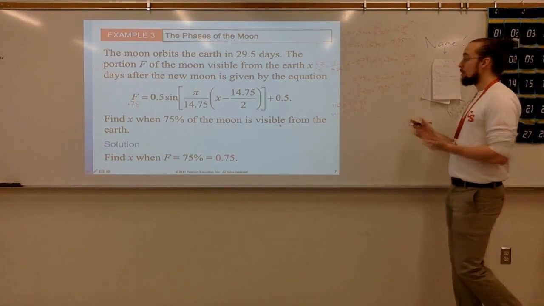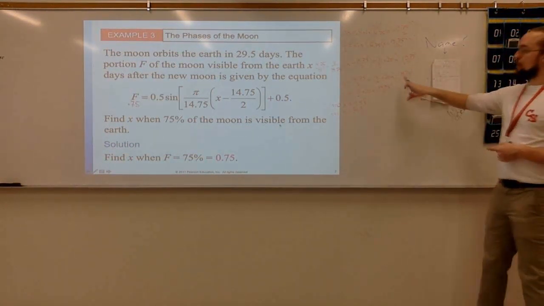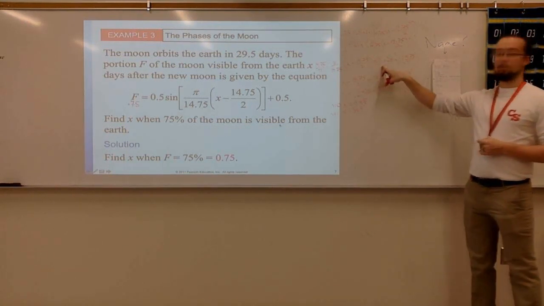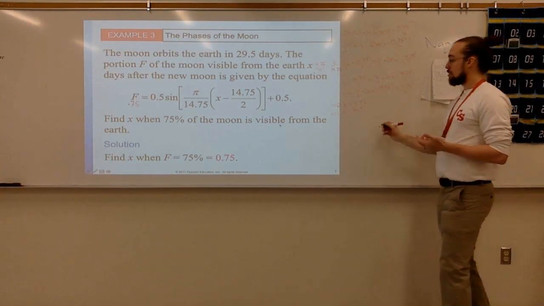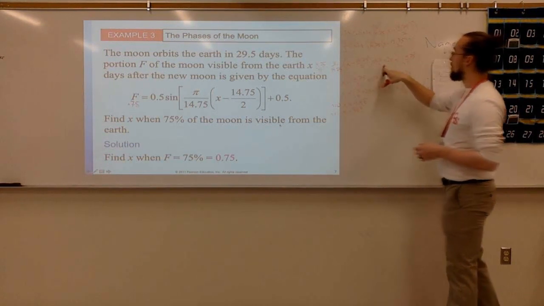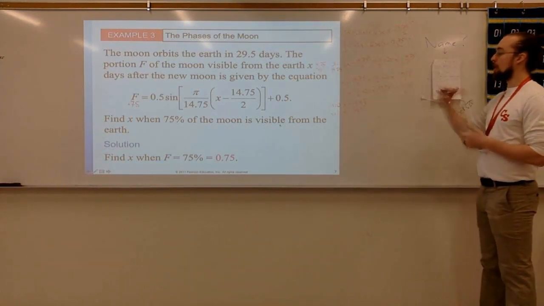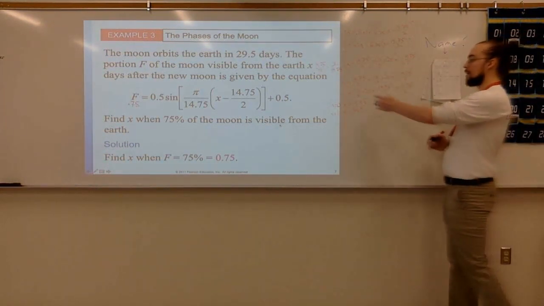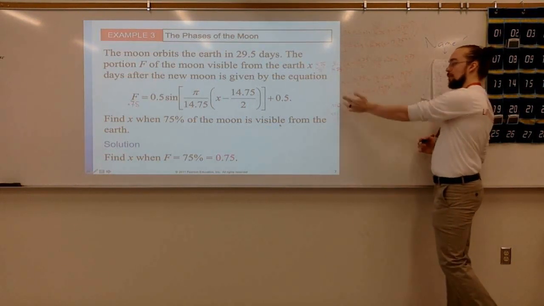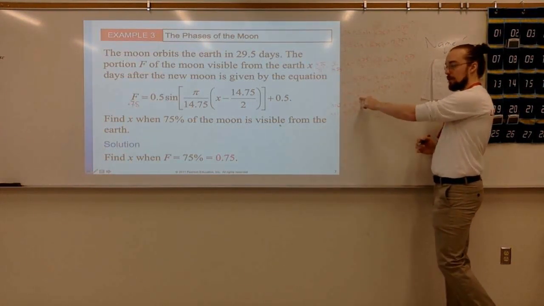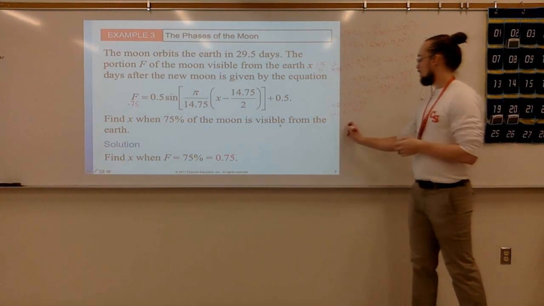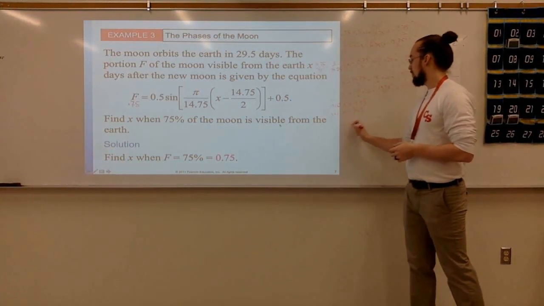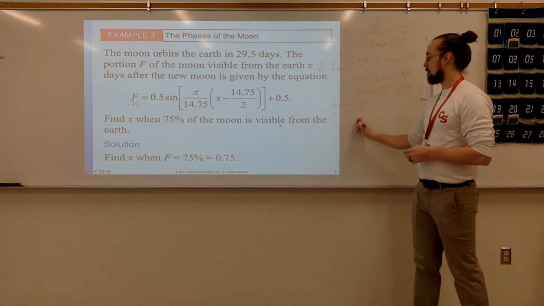But remember, we had another solution that I didn't write up here yet. We had 5 pi over 6. So if we put 5 pi over 6 plus 2 pi n here, we would end up getting this same equation, just with 5 pi over 6 instead of pi over 6. So I'm just going to skip to that step.